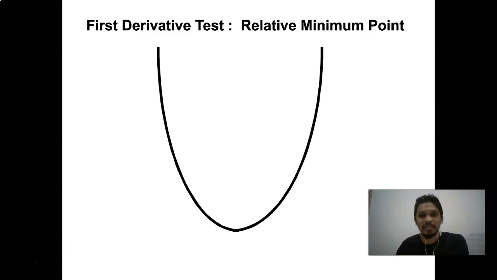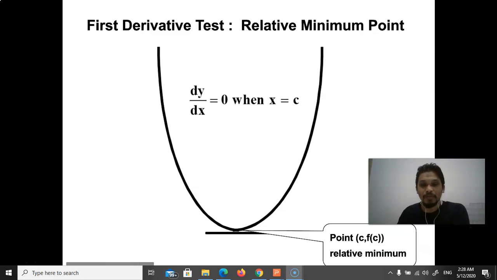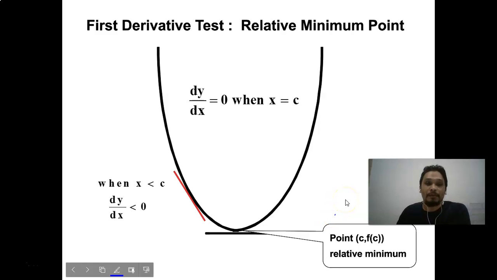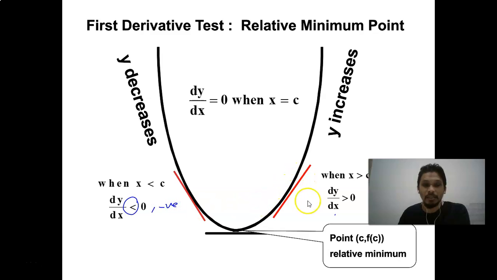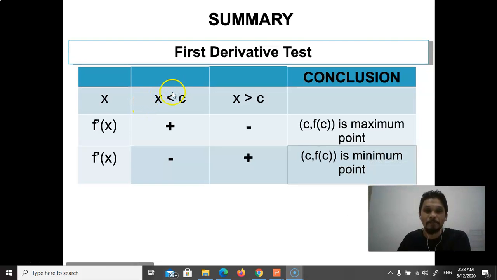First derivative test, relative minimum point, just like the previous one, where the point is c and f(c), or x and y, a relative minimum. Before this point dy/dx is less than 0, negative, and here dy/dx is greater than 0, positive.